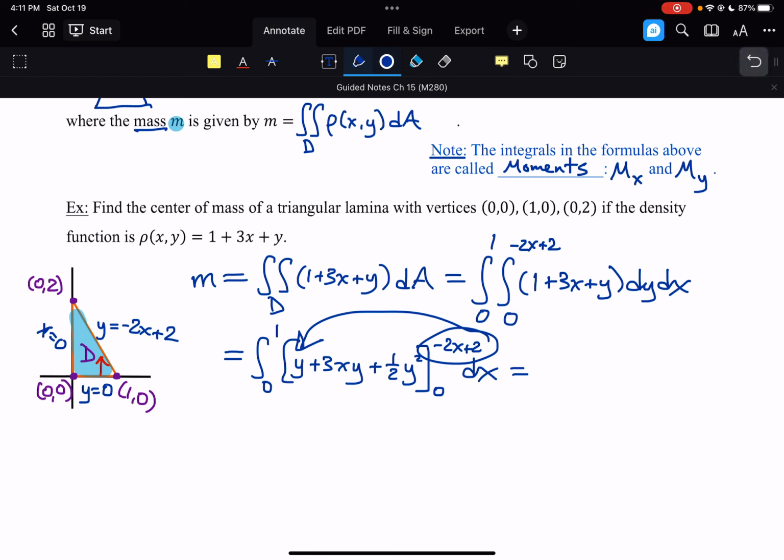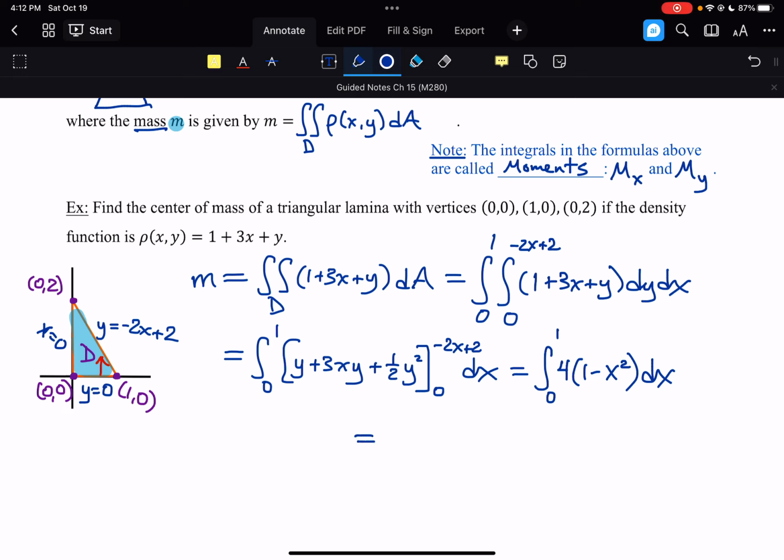It just so happens the 0 in this case gives us nothing, so we don't have to worry about that one. But if you plug in this value into all of the y's, expand everything out, distribute, combine like terms, we end up simplifying it down to 4 times the quantity 1 minus x squared dx. A lot of terms do cancel and simplify down a little bit.